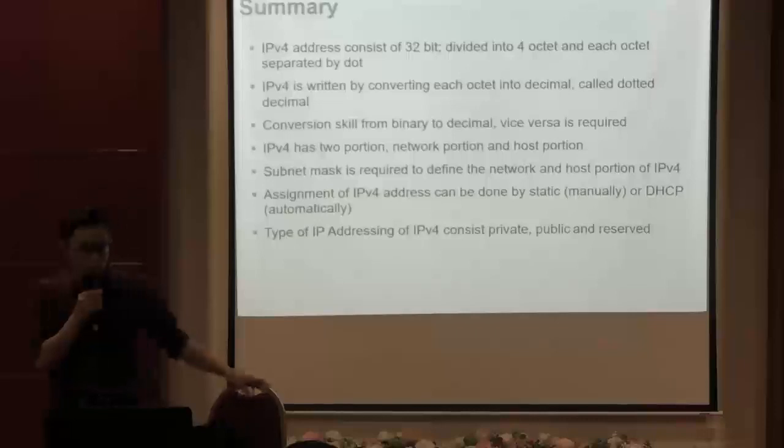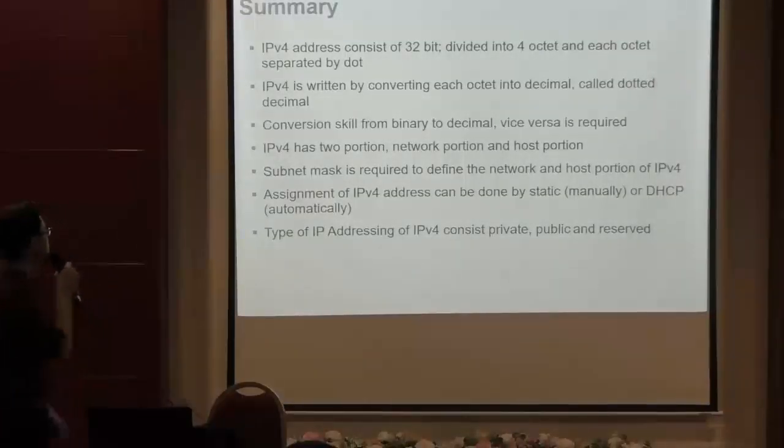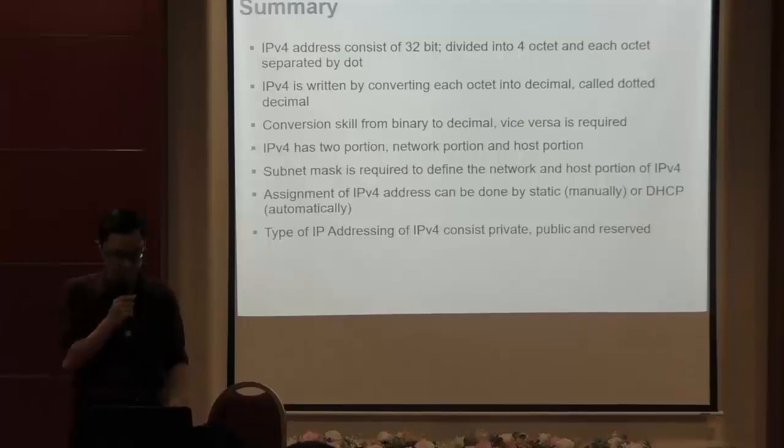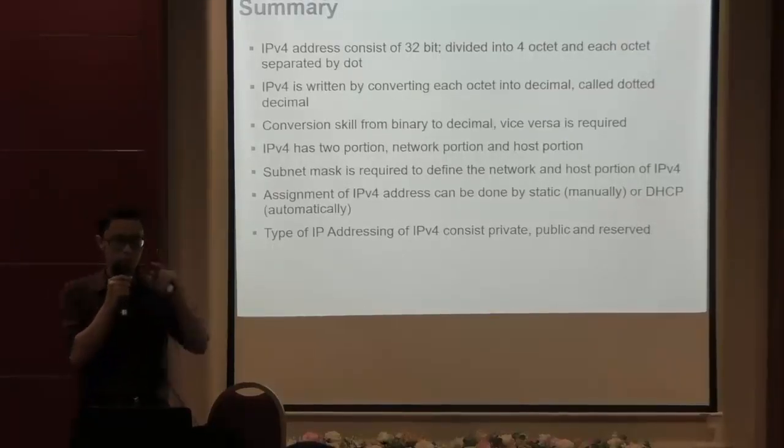Okay. So we summarize our topic today. An IP address consists of 32 bits and is divided into 4 octets or sections. Each octet is separated by a dot. IPv4 is written by converting each octet into decimal, called dotted octet decimal.